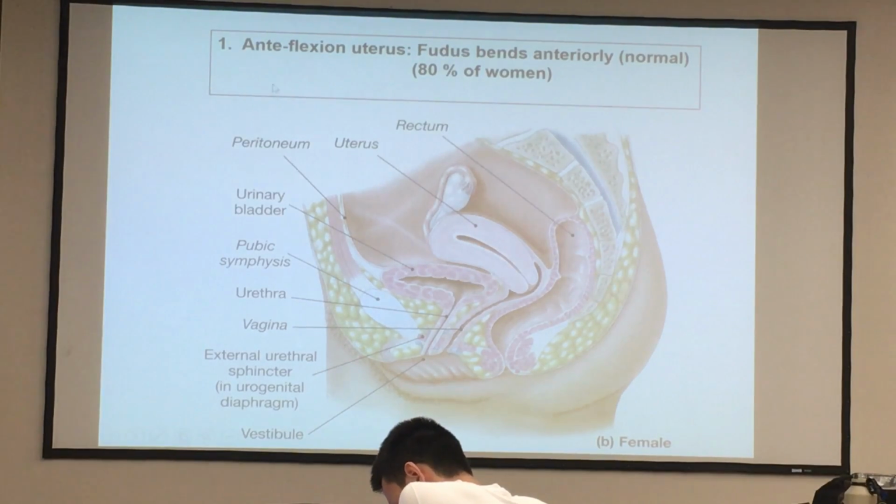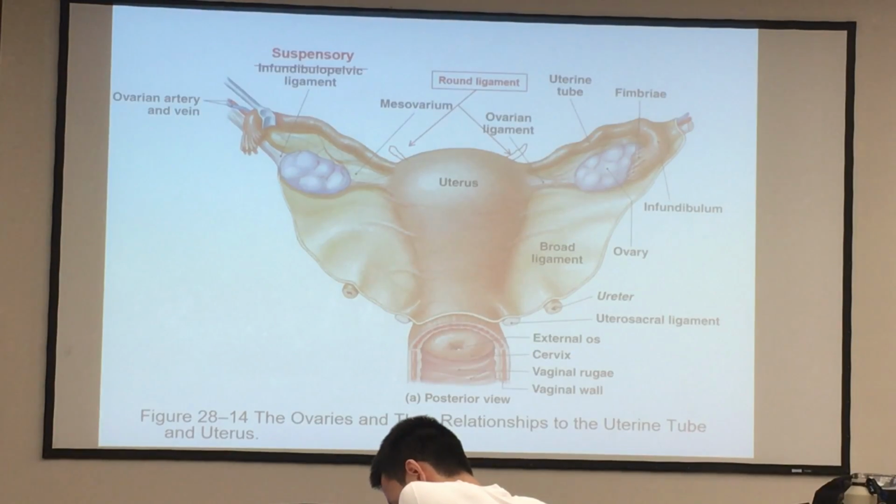Okay. The natural one is the anteflexed uterus. The fundus is anterior, bending to the anterior. And now we pull it up, so we want to show you the whole thing here, the uterus. And from the beginning here, the opening of the cervix, we call it the external os.